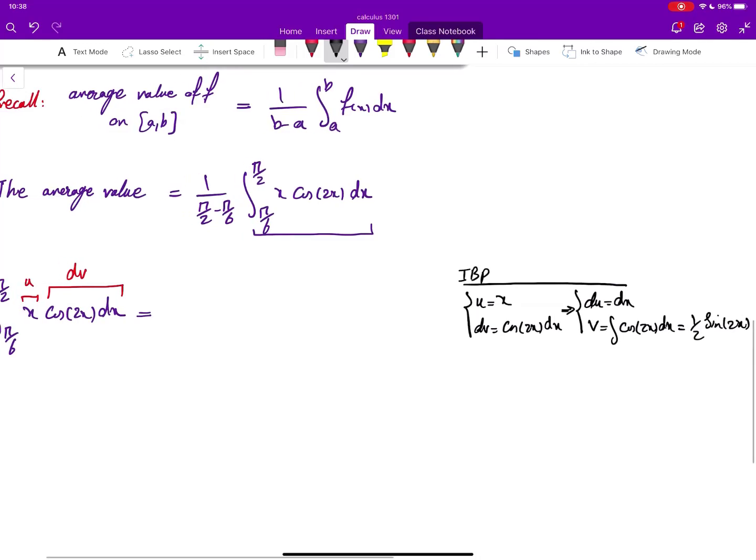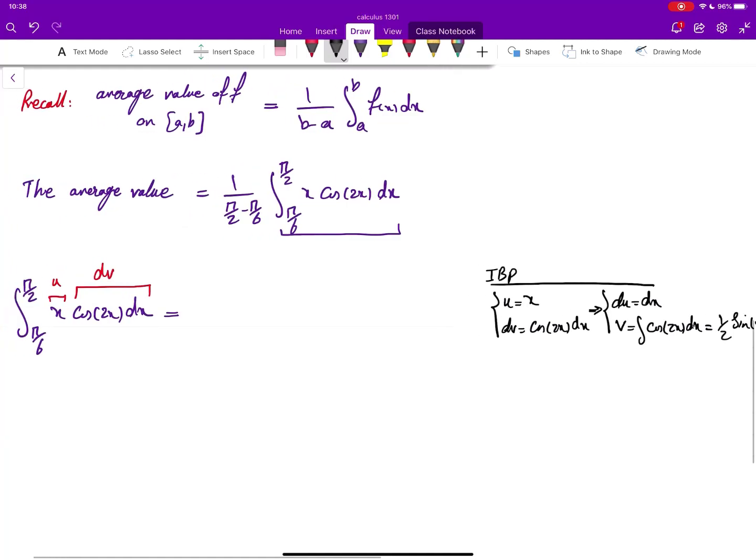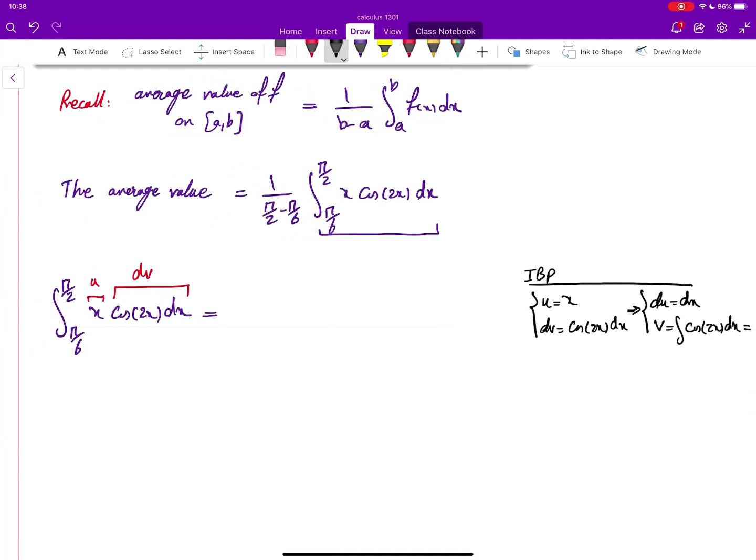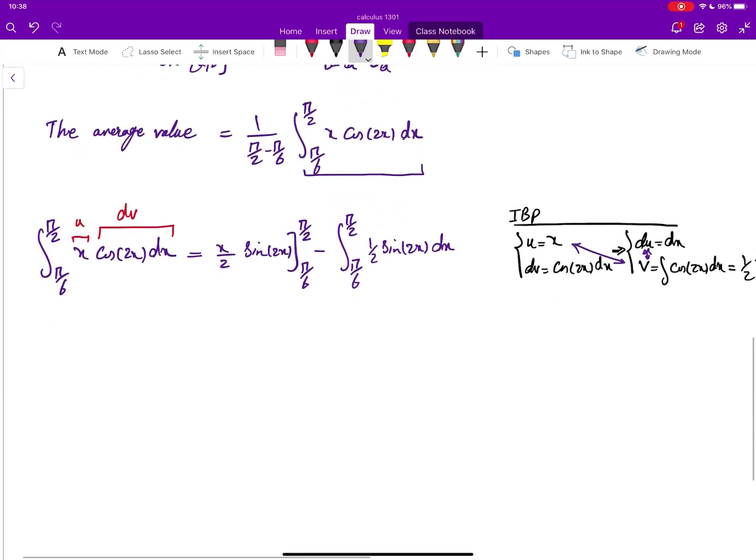Okay, now that I have everything there, now I apply integration by parts. u times v, x times half of sine 2x, going from pi over 6 to pi over 2, minus the integral from pi over 6 to pi over 2 of v du. So this is going to be half of sine 2x dx there.